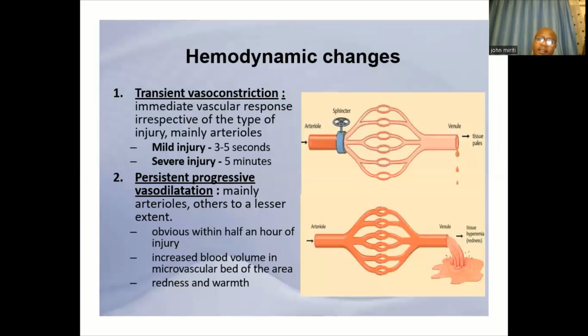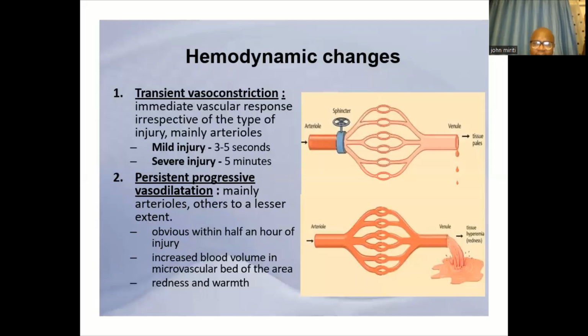So the first picture demonstrates transient vasoconstriction at the arteriole, but the venule is just doing its normal work of draining fluid out to the place where there is inflammation. So the process of exudation has started taking place.